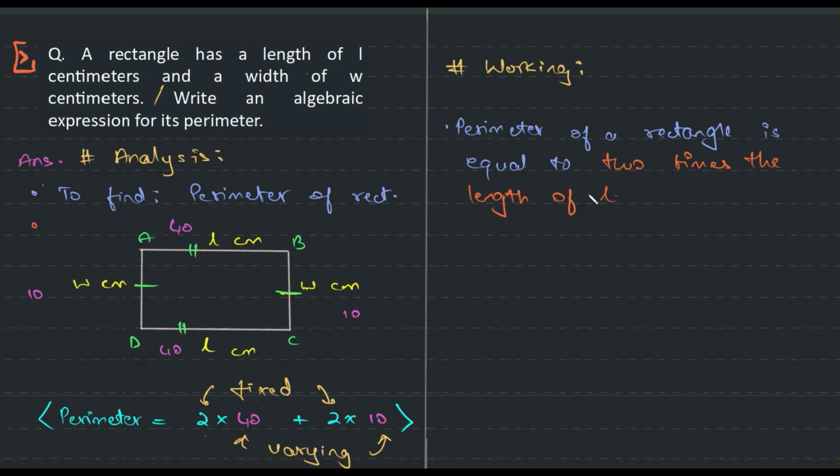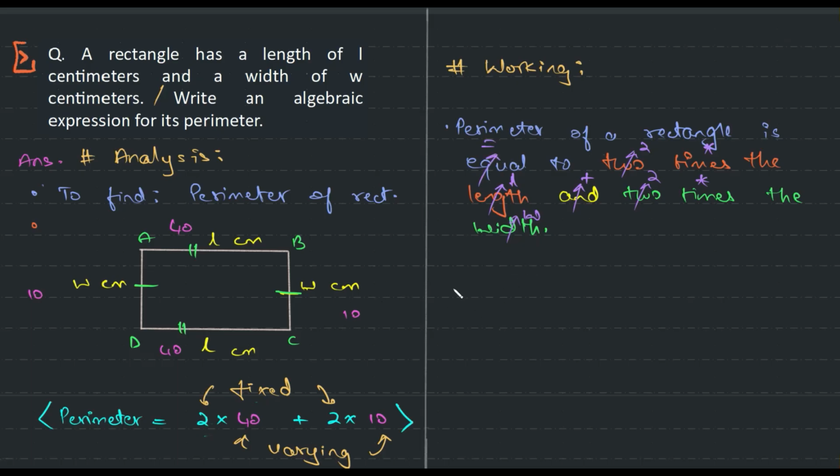So, and will be plus 2 times, 2 into width is W, length is L, right? Equal to sign is equal to.